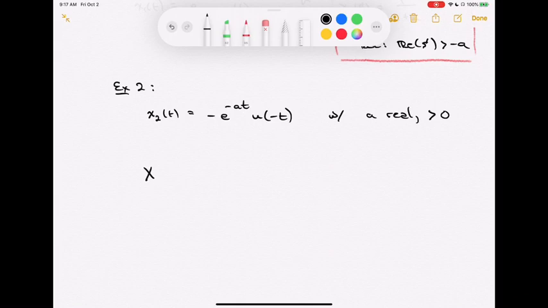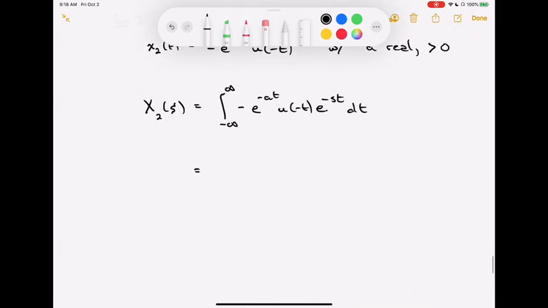So I'm going to find X2 of s, and by definition that's the integral from minus infinity to infinity of the signal, minus e to the minus at u of minus t, times e to the minus st, dt. The u of minus t gives my limits of integration going from minus infinity to 0. I can pull that minus sign up front, and I'm going to have an e to the power of minus a minus s times t, dt.